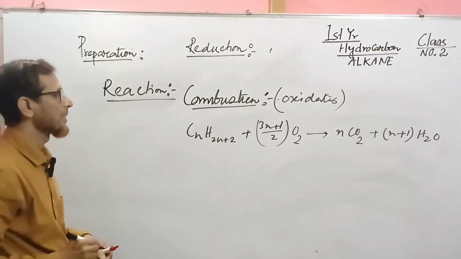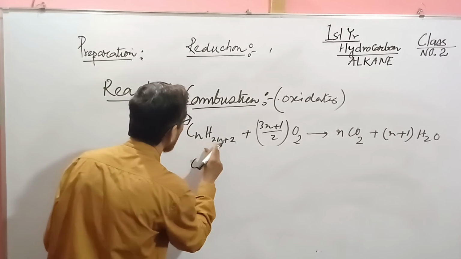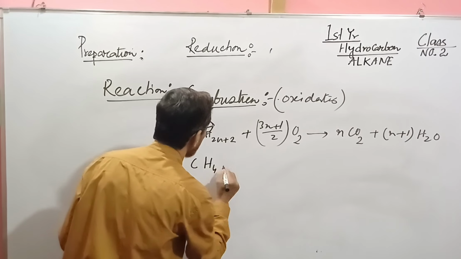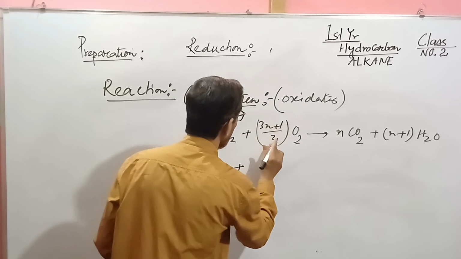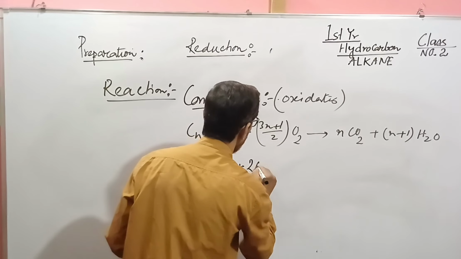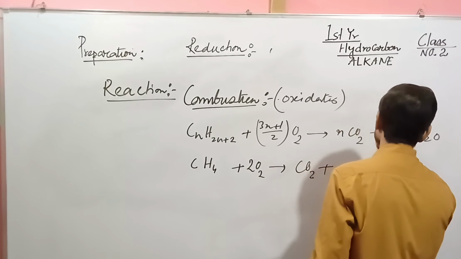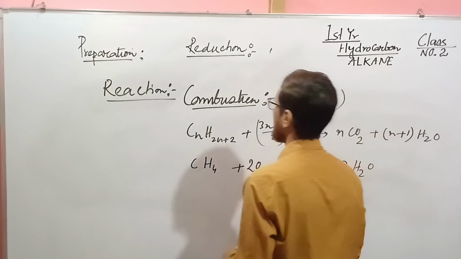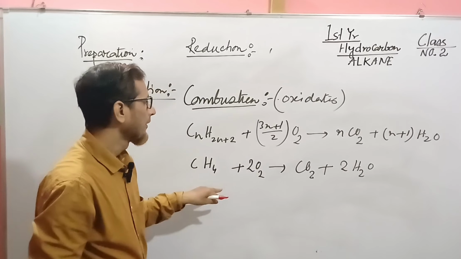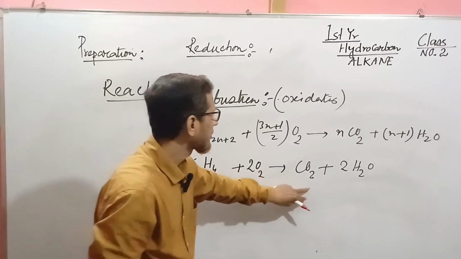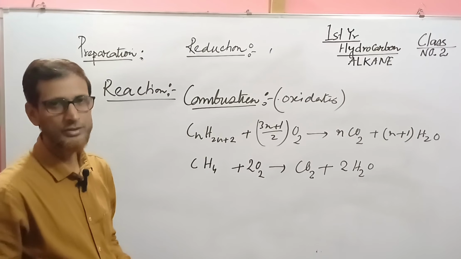Say n is 1, so it is CH4, methane. When combustion is done in the presence of oxygen, we get carbon dioxide and twice water, with production of a huge amount of energy, hence hydrocarbons are used as fuel.